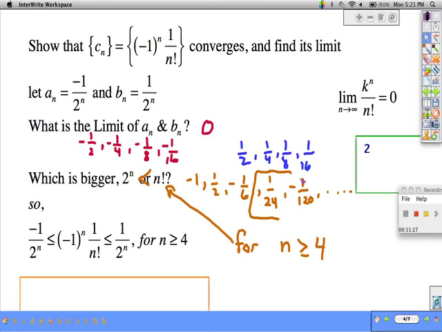But what the squeeze theorem says is that for all n greater than some number, in this case it's 4, but for some number, capital N, all of the n's bigger than that will always be between a and b. So this is something worth remembering.